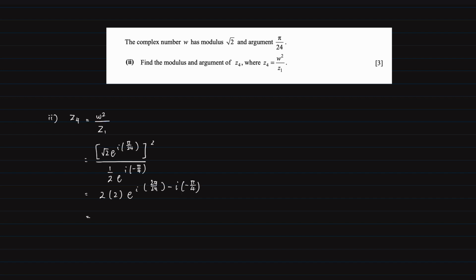By factorizing out the i, we have 4 e to the power of i, open bracket, pi over 12 plus pi over 4, close bracket, and by simplifying we will have 4 e to the power of i pi over 3. Now always answer the requirements of the question. This is not the final answer. We would like to find the modulus and argument. So very easily the modulus of this expression z4 is 4 and the argument is pi over 3.